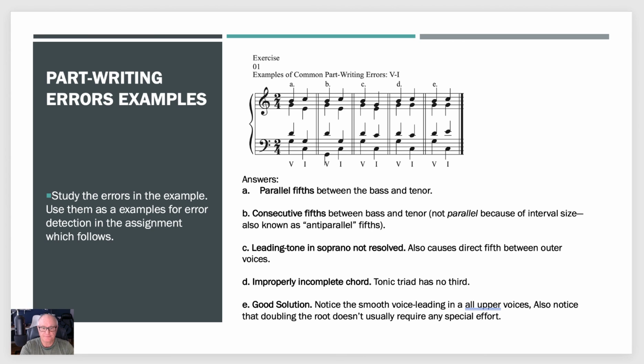So if I've got, I can just move. I'm going to make this really simple. So that's a great solution because the leading tone moved up, the fifth between the bass and the tenor popped out to a third, and we have oblique motion with the alto. That's your best. If it looks like that, it's probably a good solution.